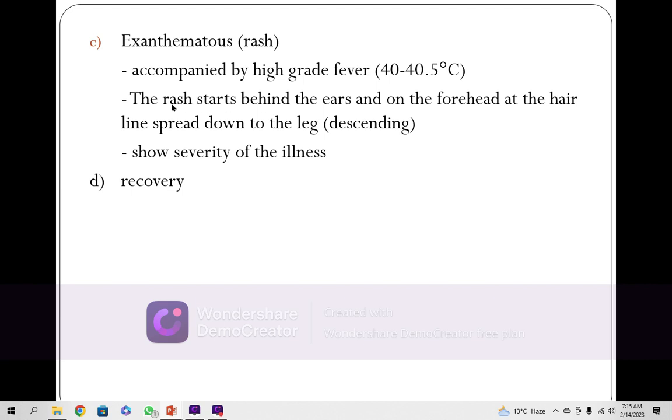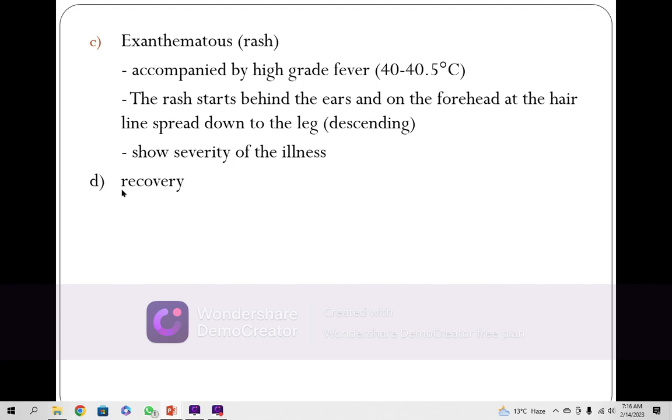The pediatrician always asks where the rash started. Now it is behind the ears and on the forehead first, and then the hairline, spread down to the legs, in the descending fashion. Very characteristic distribution and propagation of the rash. It shows the severity of the illness. If this is like this, it means the disease is severe.